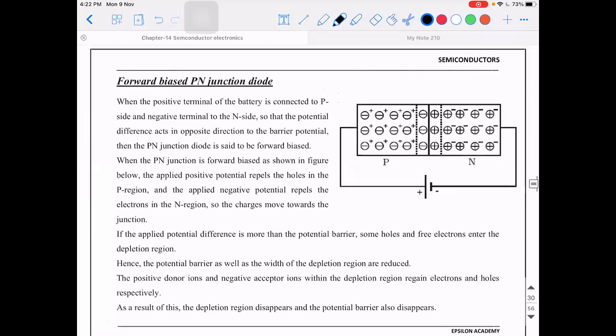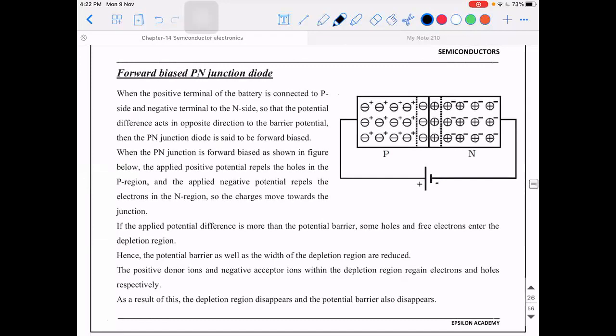Now see, you have created a barrier, right? You guys tell me, will the material have greater conductivity or less conductivity?